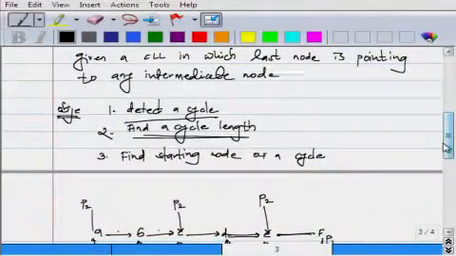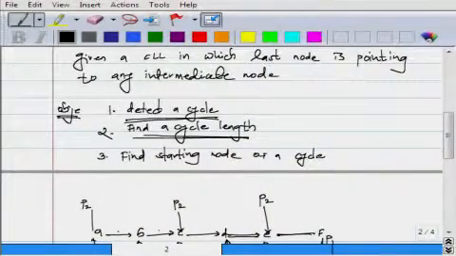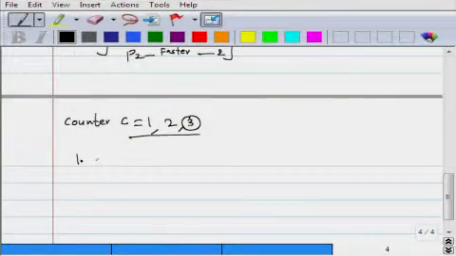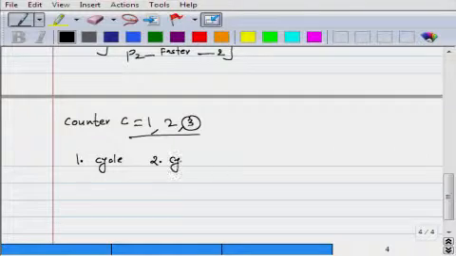So far we have achieved two different objectives. The first objective was detecting a cycle, the second was finding the length, and our last objective is to find the starting node of the cycle. Earlier, we identified a cycle, and second we identified the cycle length, am I right?